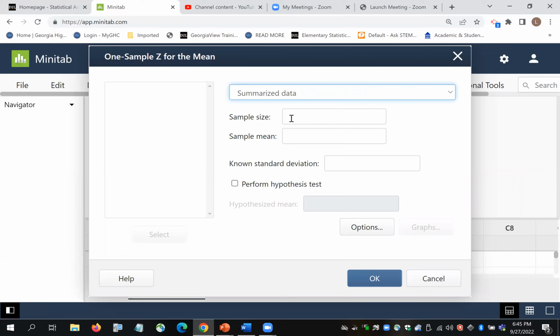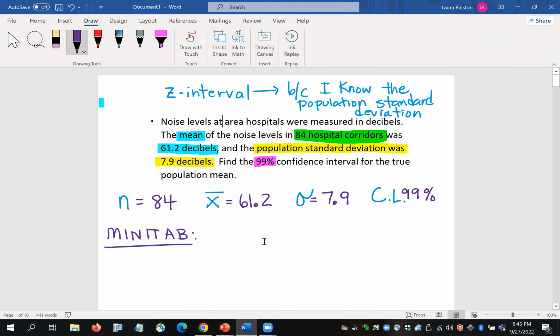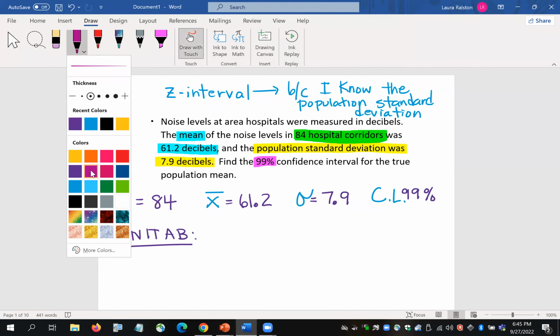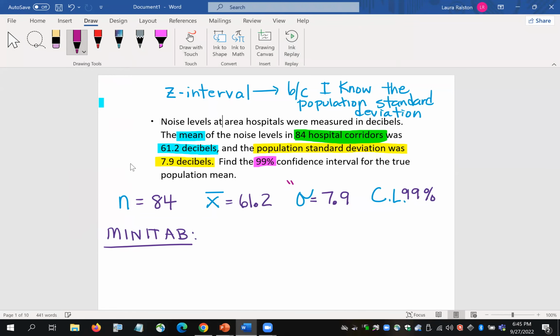I then have to give it the sample size, which was 84 corridors. The sample mean was 61.2, and the known standard deviation. Minitab refers to the population standard deviation as known.